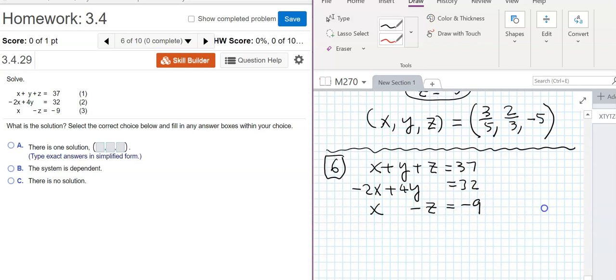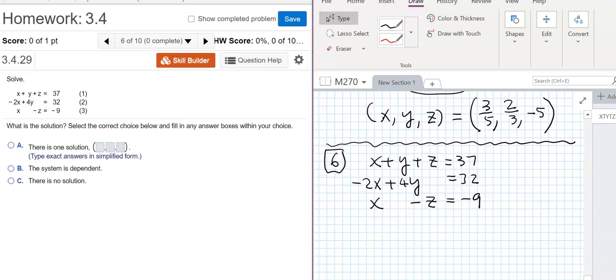Now what I like to do here is eliminate the z because this second equation has no z. I'm going to number the equations first.